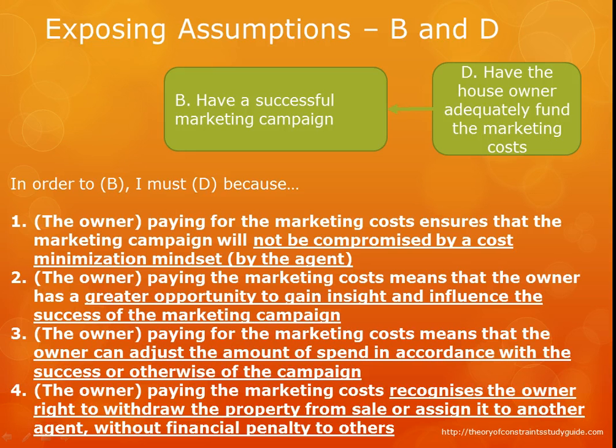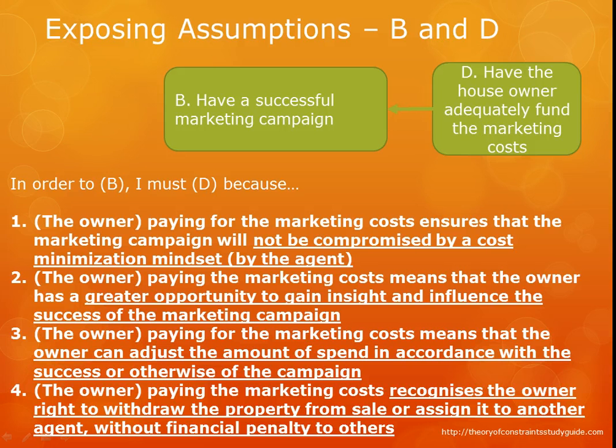Thirdly, the owner can adjust the amount of spend in accordance with the success or otherwise of the campaign. So if the campaign needs more funds, then the owner can make that decision and influence that decision directly because he has that insight that was mentioned earlier.